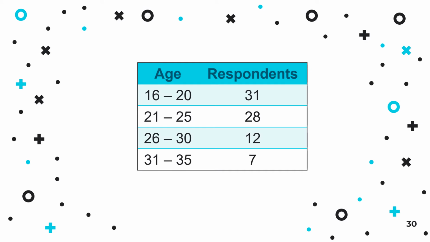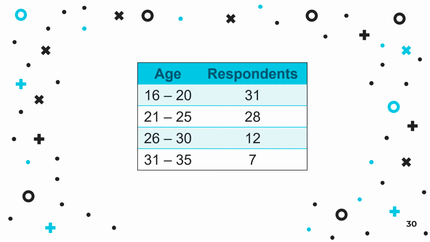So let's say, for example, this is a table, and here we are showing the ages of the respondents. So if you have many respondents and at the same time you ask for their ages, if there is a very big difference between the smallest and the biggest number, you can always group them together.